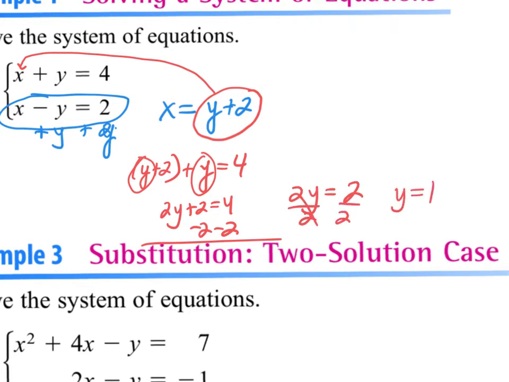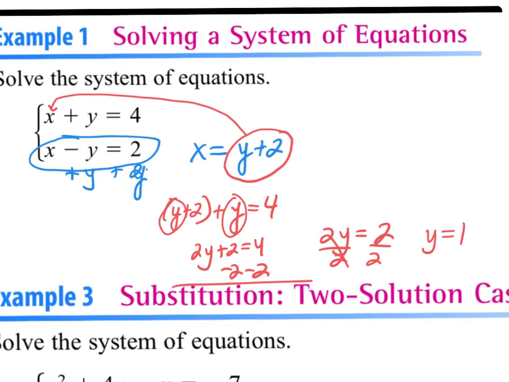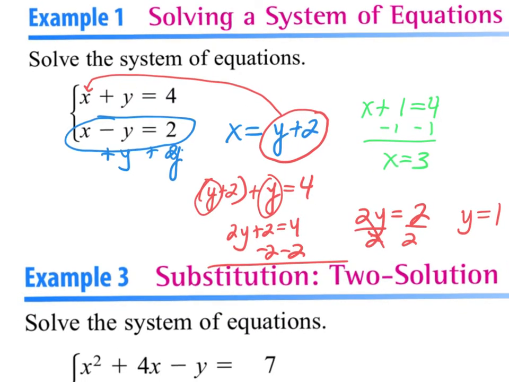Okay, you guys solved an equation. You got y equals 1. How do I figure out what x equals if I know what y equals? You're just going to plug it back in. So I'm going to say x plus 1 equals 4. So I subtract 1 from both sides. Agreed? x equals 3. If I use the bottom one, I'd have x minus 1 equals 2, right?